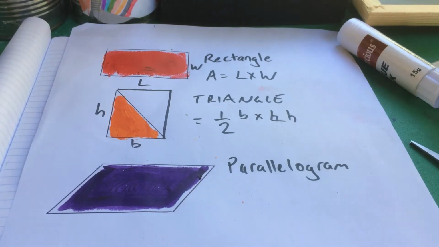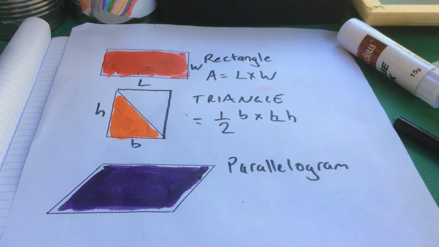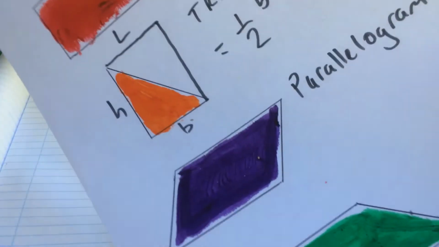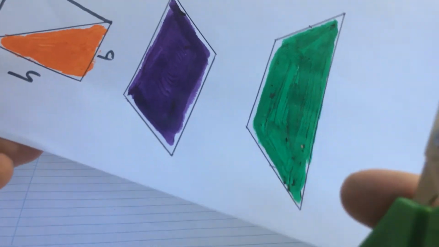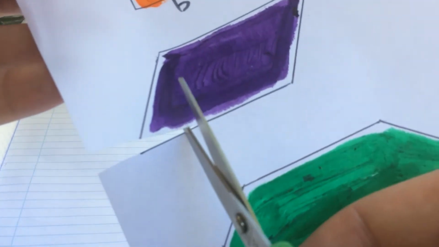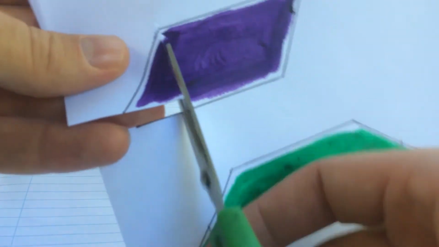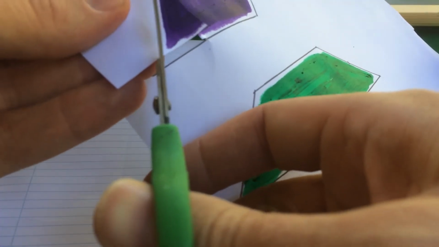parallelogram. Now again, what we need to do here is go back to our basic rectangle. I'm going to get some scissors, and I'm going to cut off a bit of that parallelogram. If I've measured it correctly, I'm going to cut off that triangle there.